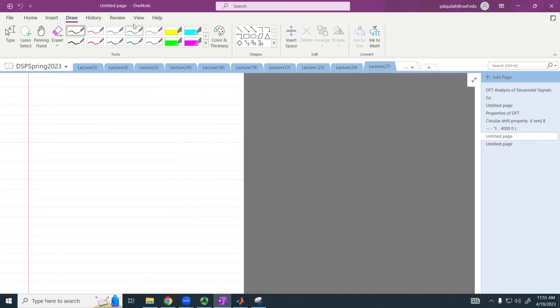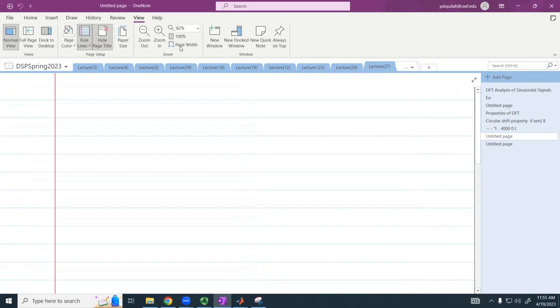So with that, now that we have introduced the circular convolution, we can look at the circular convolution property, and we'll see how we use this property.